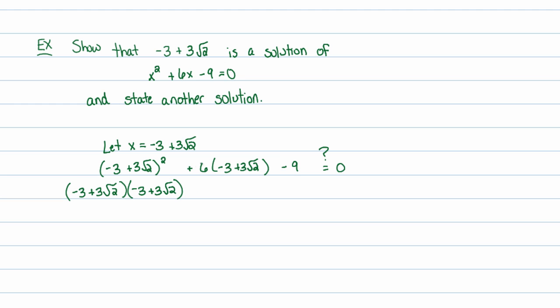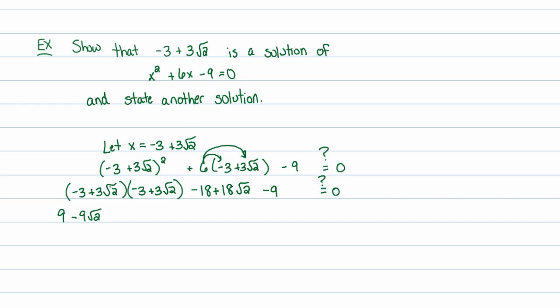The second term, I'm just going to distribute that 6 to each of the terms inside the parentheses. So I'll get a negative 18 plus 18 root 2, and then minus 9. And we still want to know if that is equal to 0. Well, let me multiply out this set of binomials here. Negative 3 times negative 3 is a positive 9. Negative 3 times a positive 3 root 2 is going to be a negative 9 square root of 2.